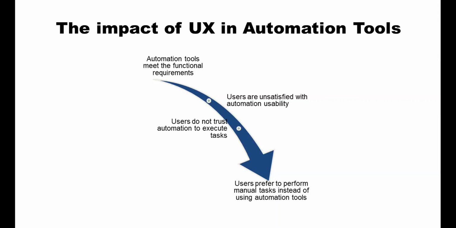First, in our scenario here, our automation tools don't satisfy the users when we talk about usability, and this makes users not trust the automation to execute their tasks, and because of it, users prefer to perform manual tasks instead of using our automation tools.